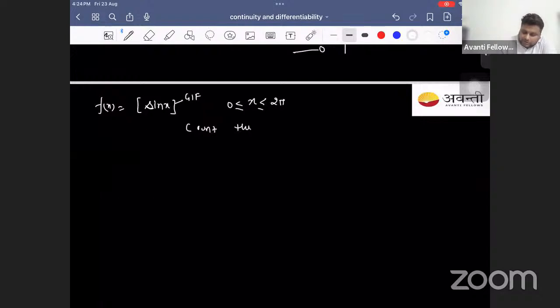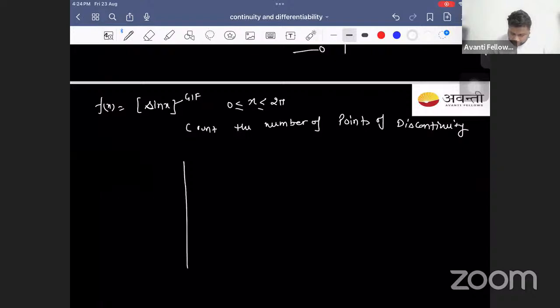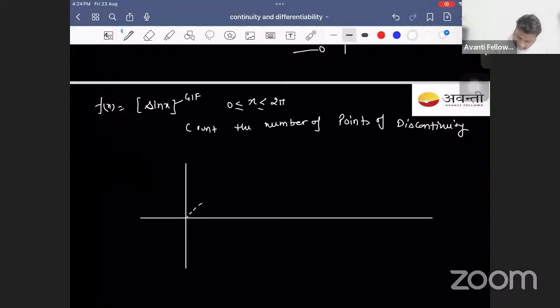All right. Now see very carefully. In 0 to 2 pi, this is the graph of sin x. Now we are going to draw its greatest integer.